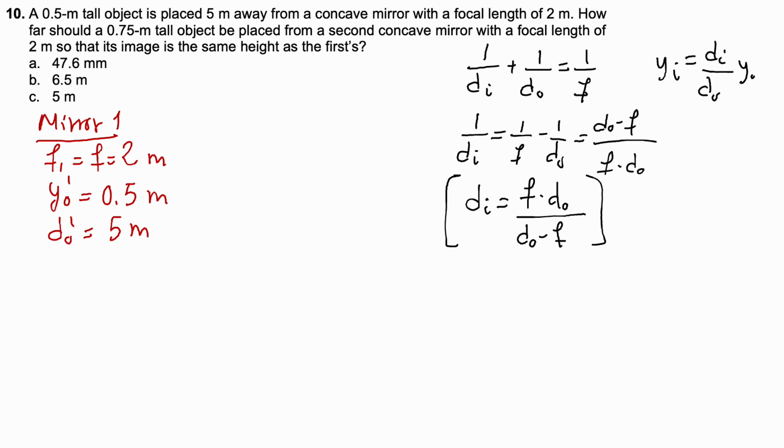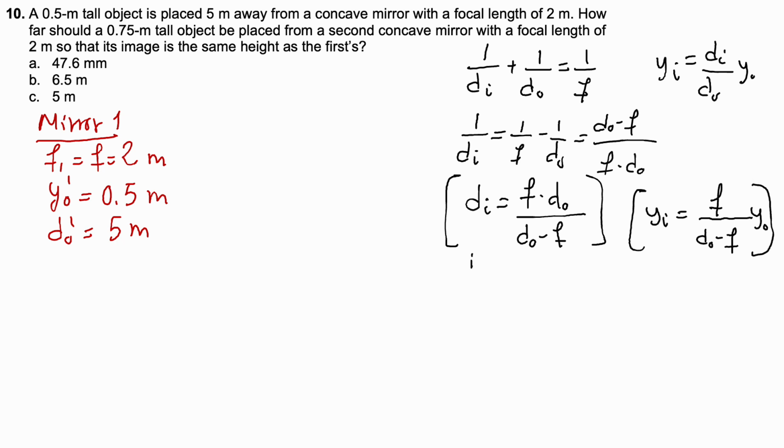Based on this, the height of the image is going to be f over d sub 0 minus f times y sub 0. These are general equations.